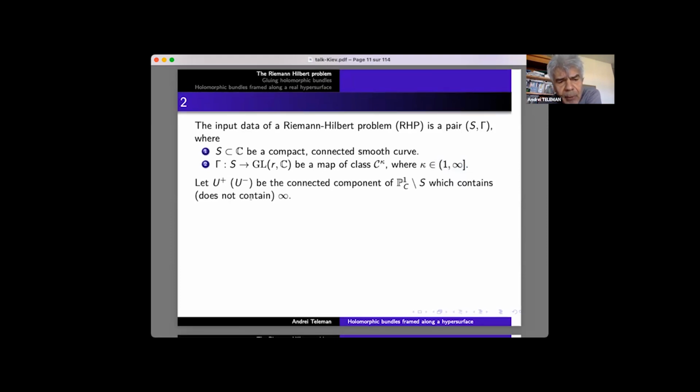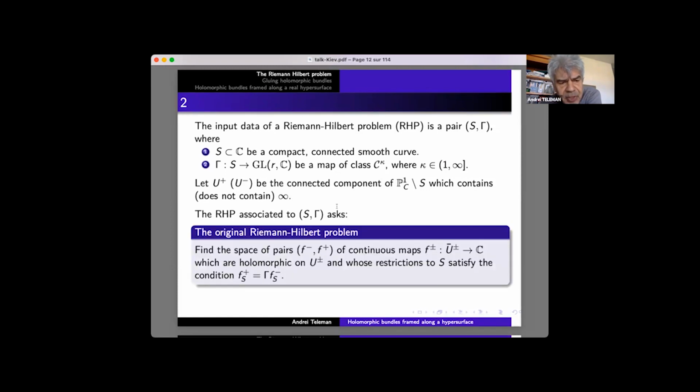Okay, so I will denote by U plus and U minus the two connected components obtained if one cuts the Riemann sphere P1 along S. So we get two open disks, U plus and U minus. By U plus, I mean the disk which contains the point at infinity.